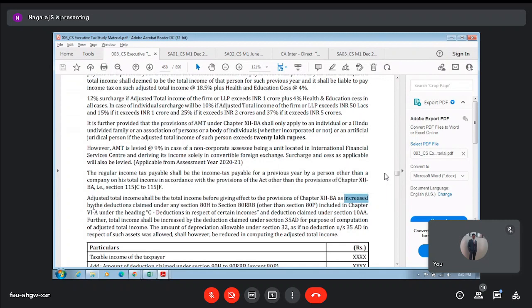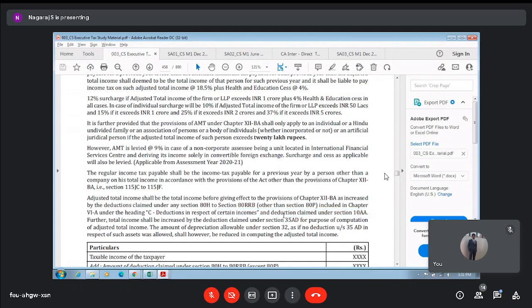What are those? By the deduction claimed under any section 80H to 80RRB other than 80P included in Chapter 6A under the heading C, deductions in respect of certain incomes. On the incomes, whatever deduction you have claimed, that one.